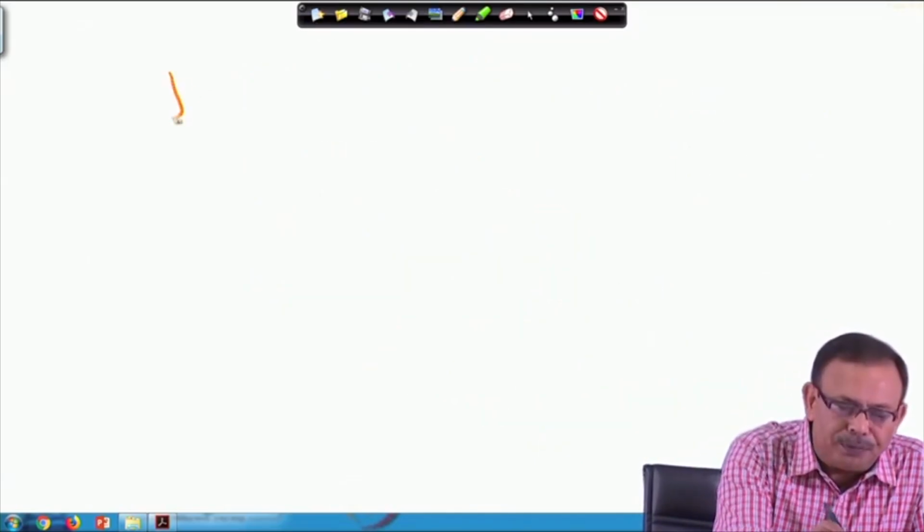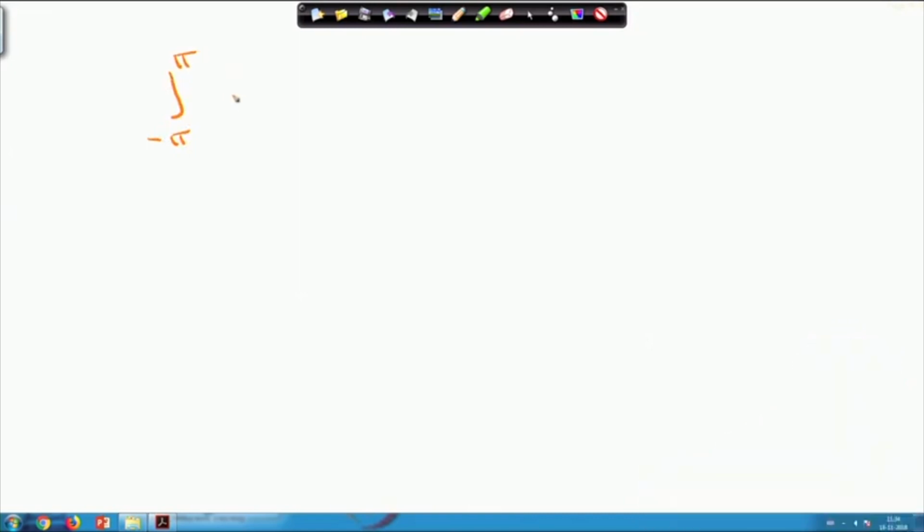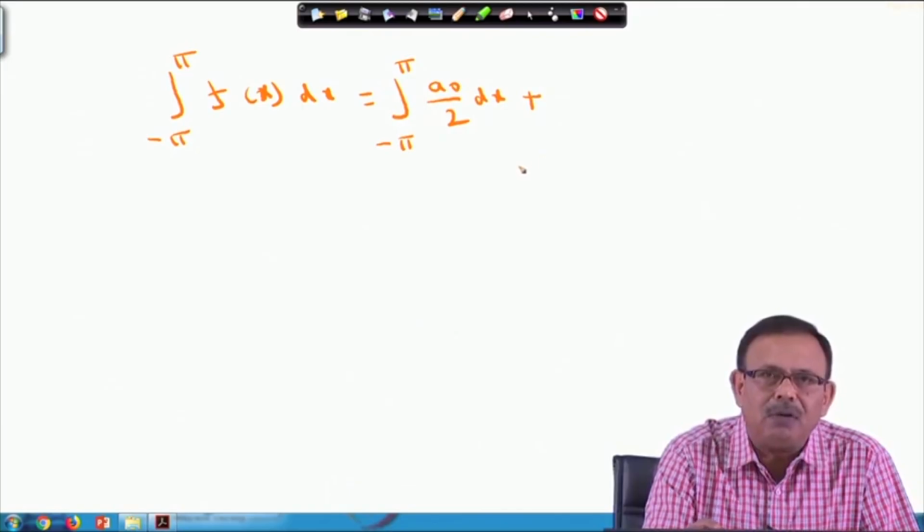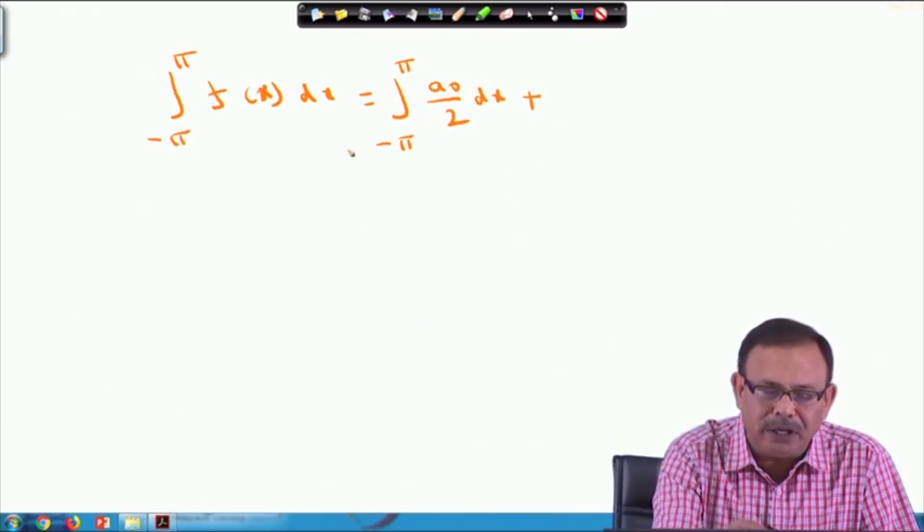Next, therefore, the integral from minus pi to pi f(x) dx equals what I will obtain? The integral from minus pi to pi a0 by 2 dx. Your original equation was f(x) equals a0 by 2 plus summation n equals 1 to infinity a_n cos nx plus b_n sin nx. That original equation of the series, I am integrating from minus pi to pi, and then only I will get this.